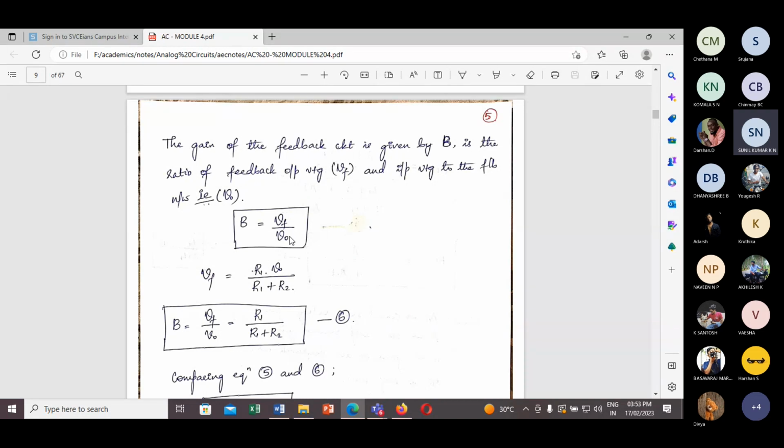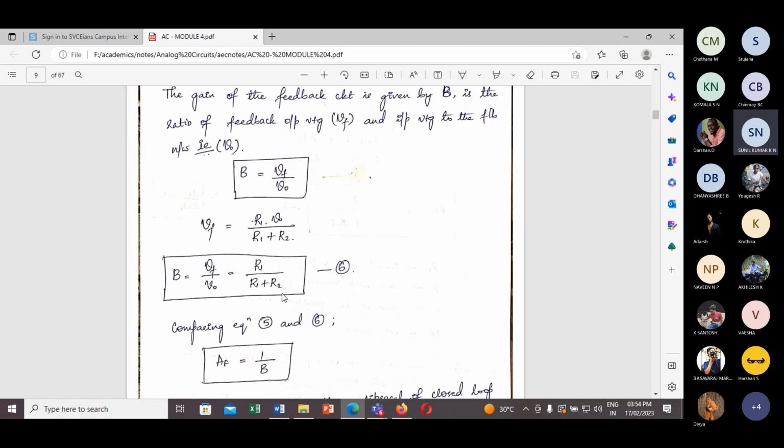So Vf by Vo is nothing but the feedback gain. What is Vf? Vf is nothing but Vo into R1 divided by R1 plus R2, divided by Vo. If you calculate, you will get the gain expression.